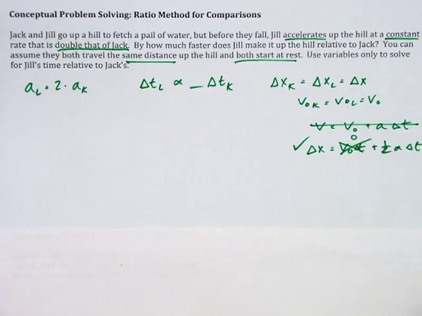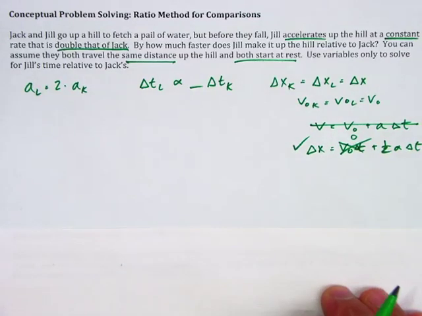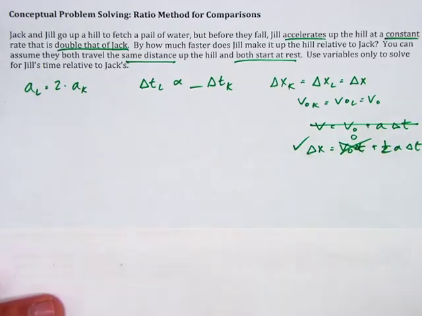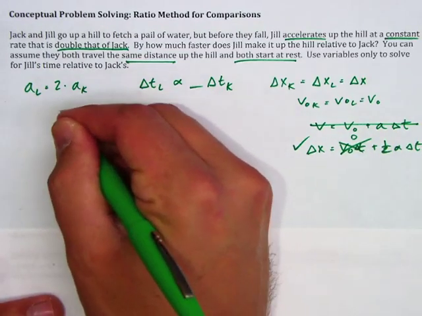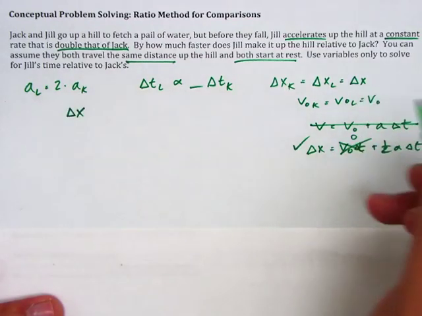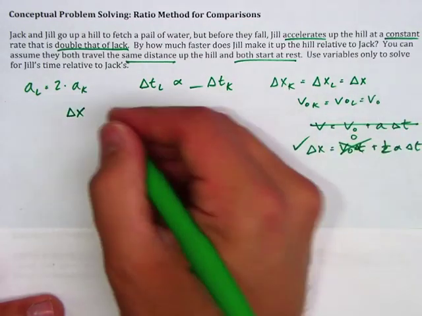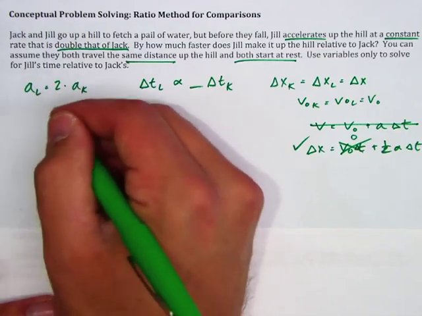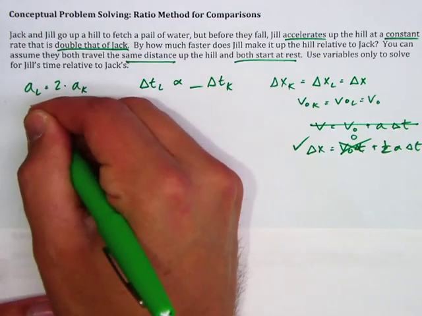So the first thing we want to do is write an expression for Jack's displacement and Jill's displacement. So basically write the second equation out for each of their two motions. So delta x, and I'm just going to call this delta x because I know these are the same. Let's do Jack first.